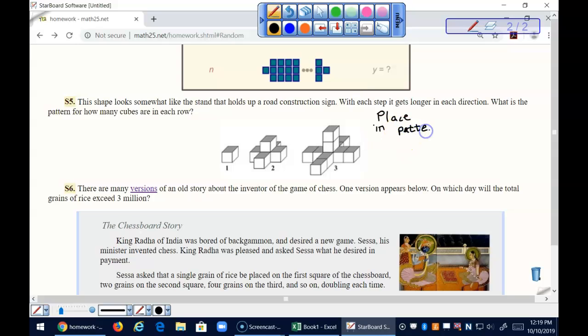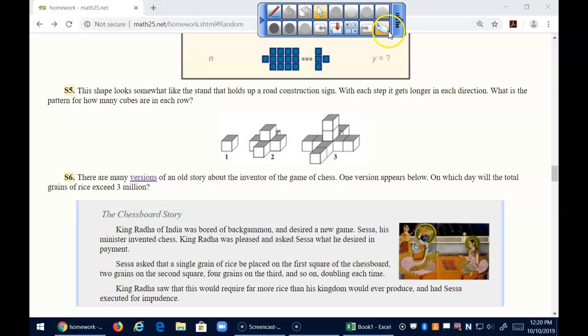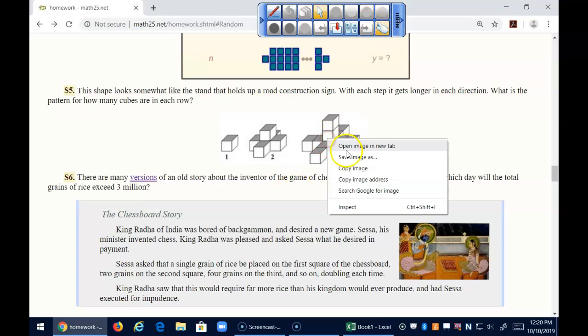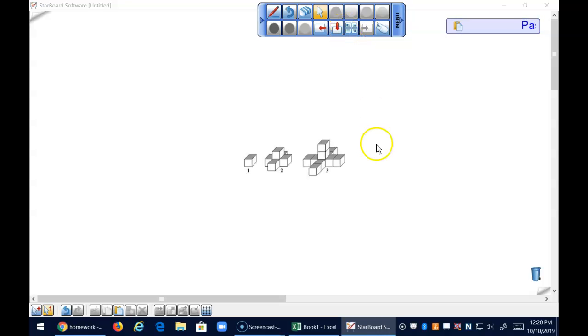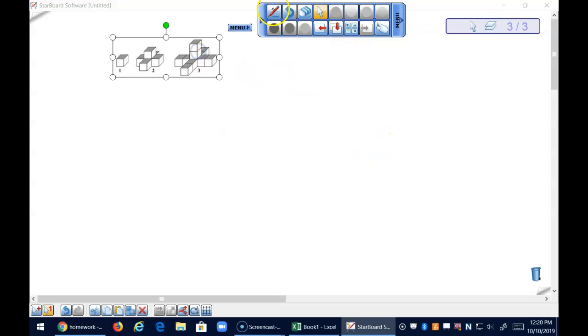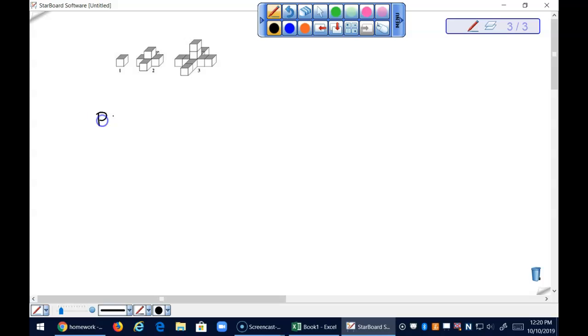Handwriting is not being happy today. This is too crowded. Let me adjust. Okay, now I can write bigger.